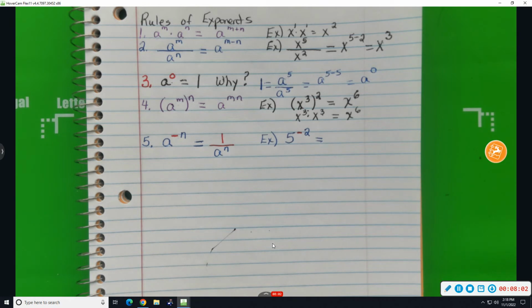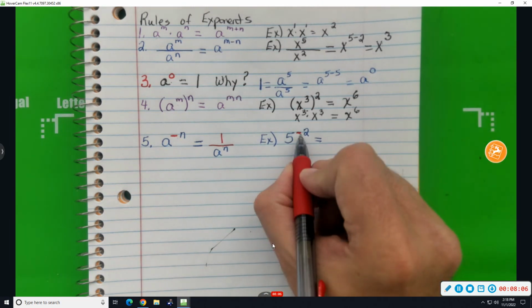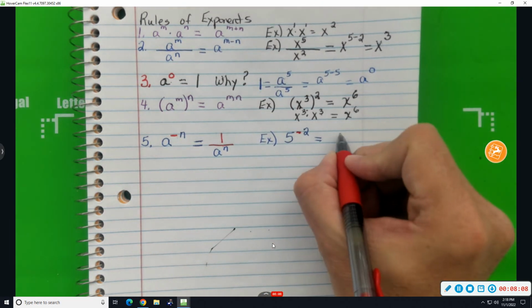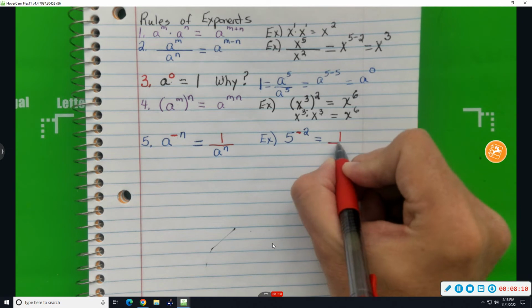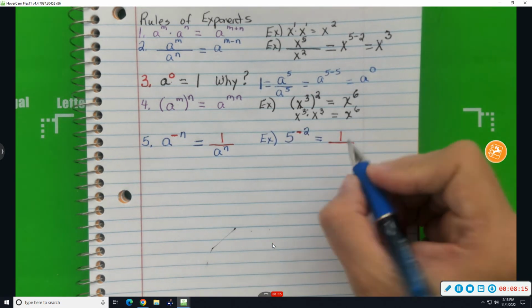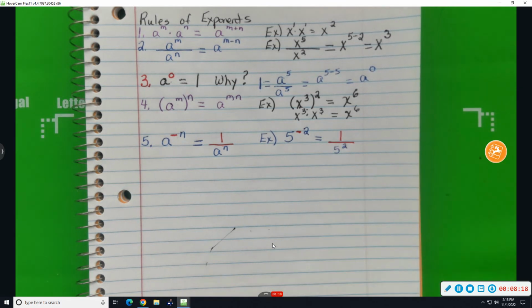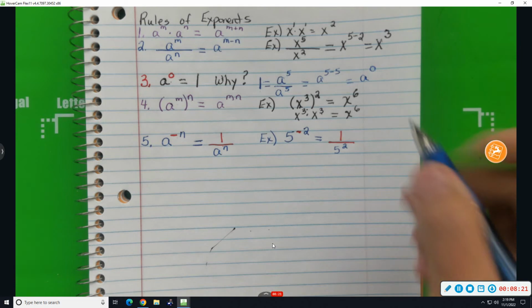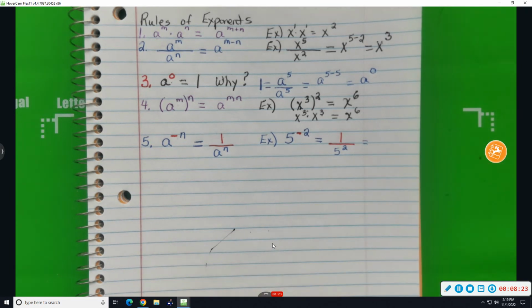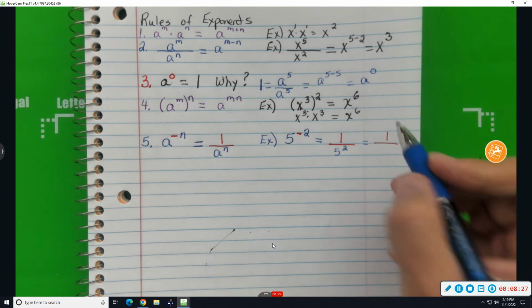A negative exponent means 1 over, so that red negative up here becomes the red 1 over, and then 5 squared. So 5 to the negative 2 power, it's not a negative answer, it's a fraction. What's my fraction going to be? 1 over 25?